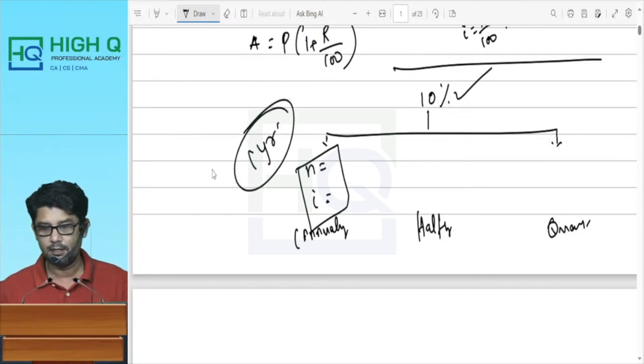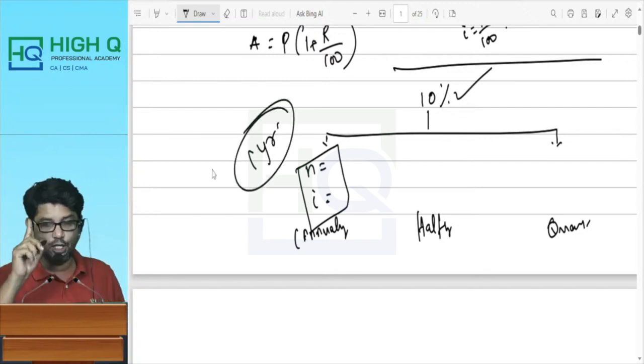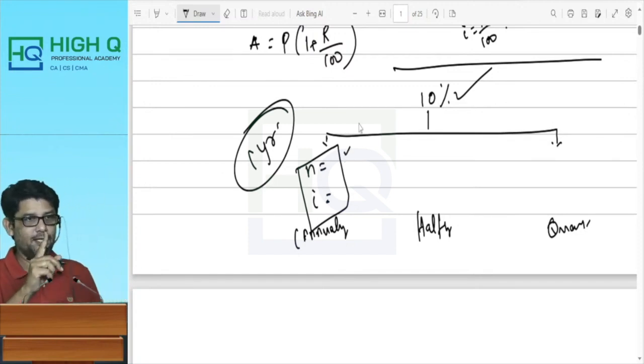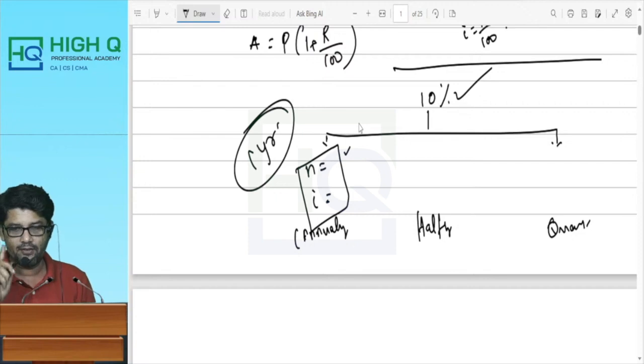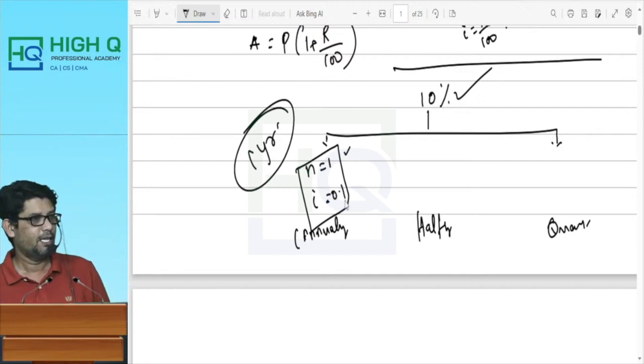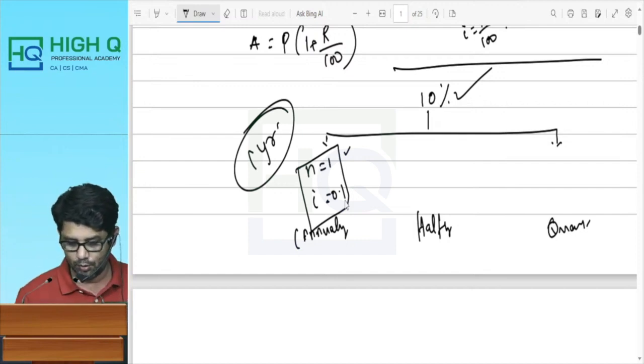Yes, n is 1. So n is equal to 1 and I is equal to 0.1.